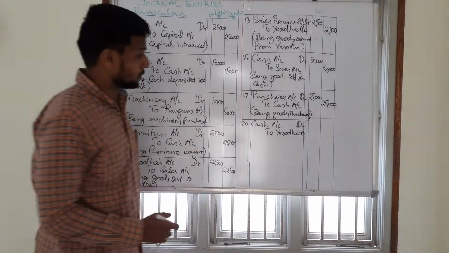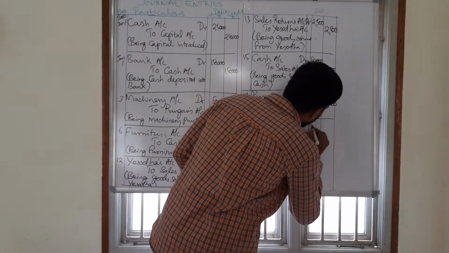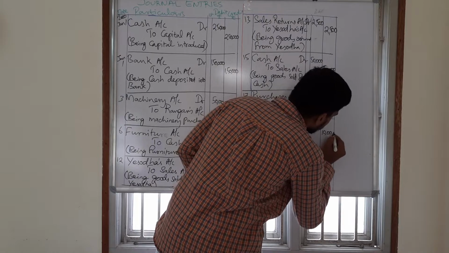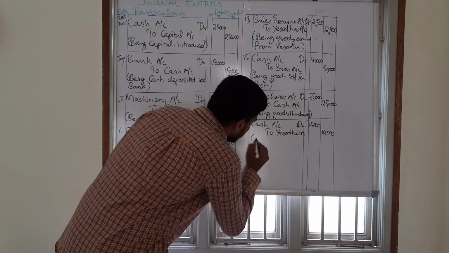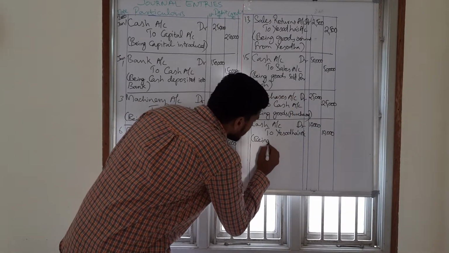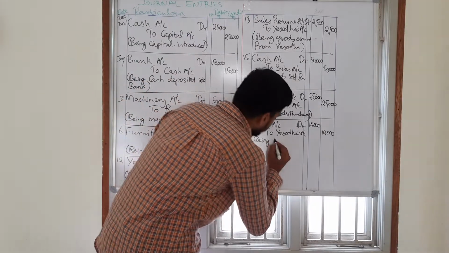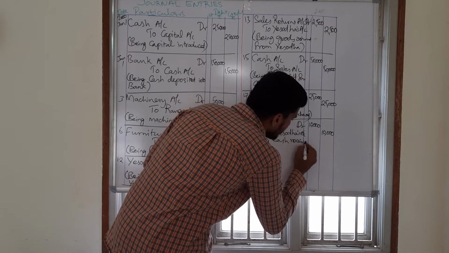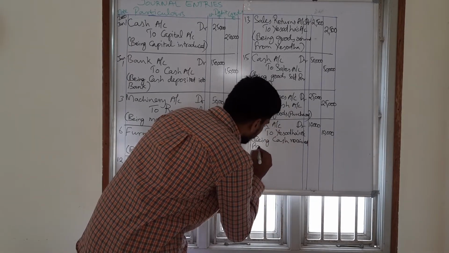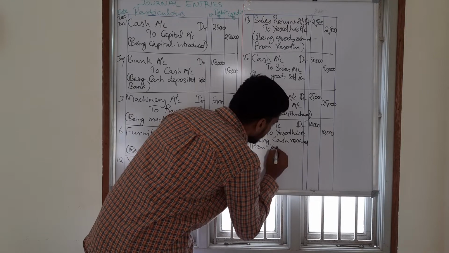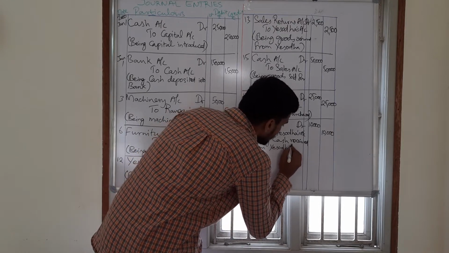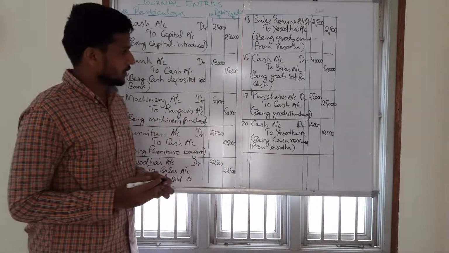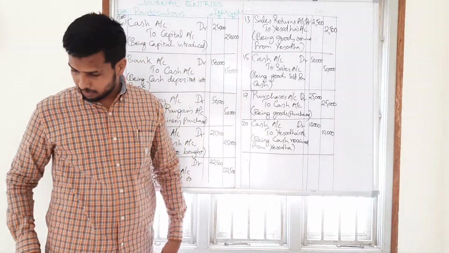That is 10,000, and here also 10,000, being cash received from Yasoda. Okay. So this is the journal entry for this one.